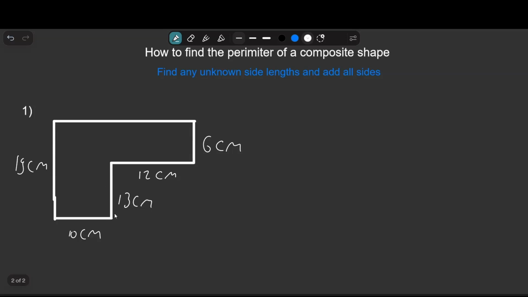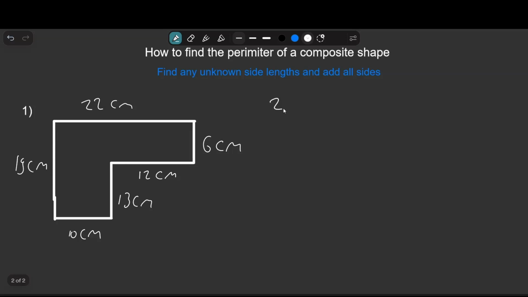So now we also have this one. So now on to the last one we have to know, and that's this big one. So this one is very easy. It's this side plus this side. So 10 plus 12 equals 22 centimeters. Now all we have left to do is add them all together.